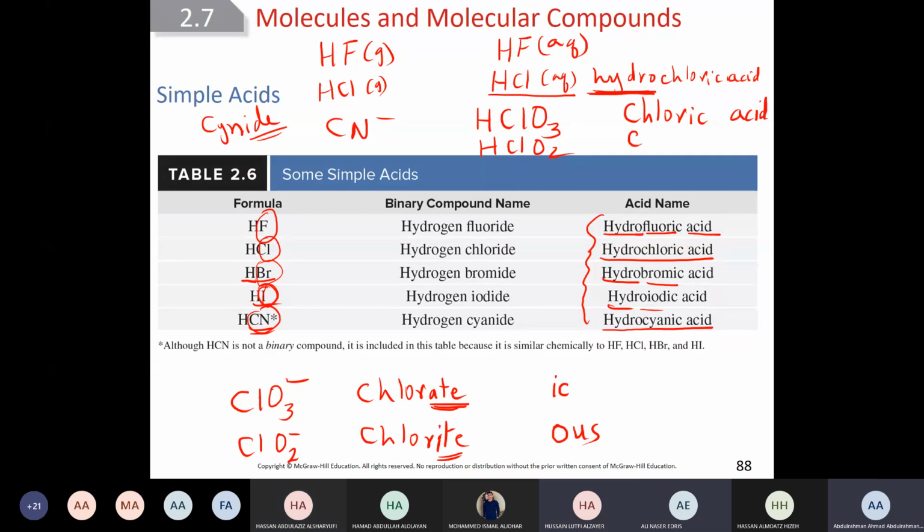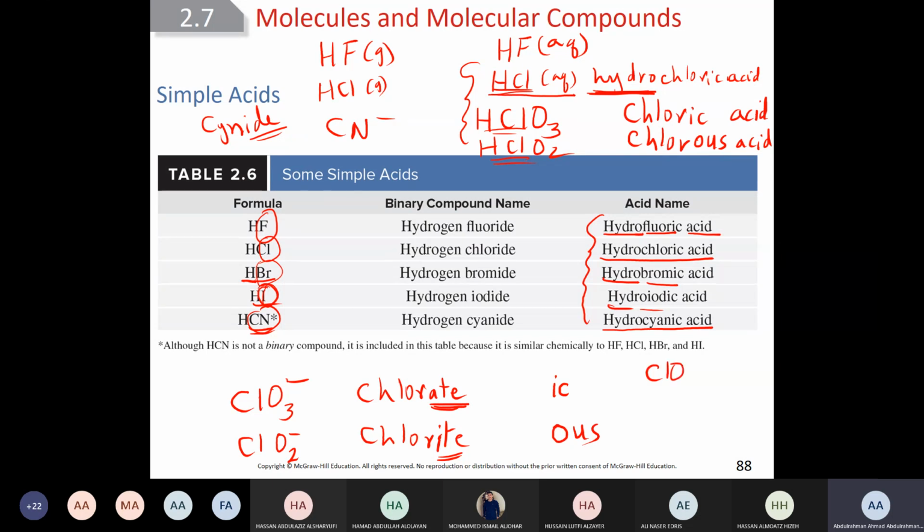Chlorous acid. See, these are three. They are very related, but they are different acids. This one is called hydrochloric acid. This one is chloric acid. This one is chlorous acid.